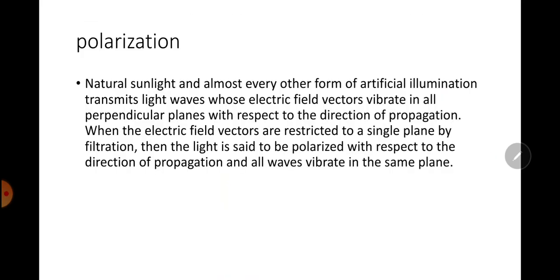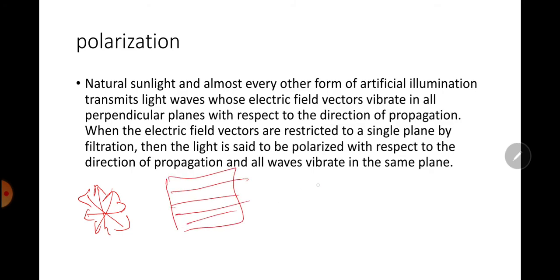Today we explained polarization is the confining of light rays to one particular plane. For example, if light has all planes of vibration and after passing through a polarizer, it has only one plane of vibration.